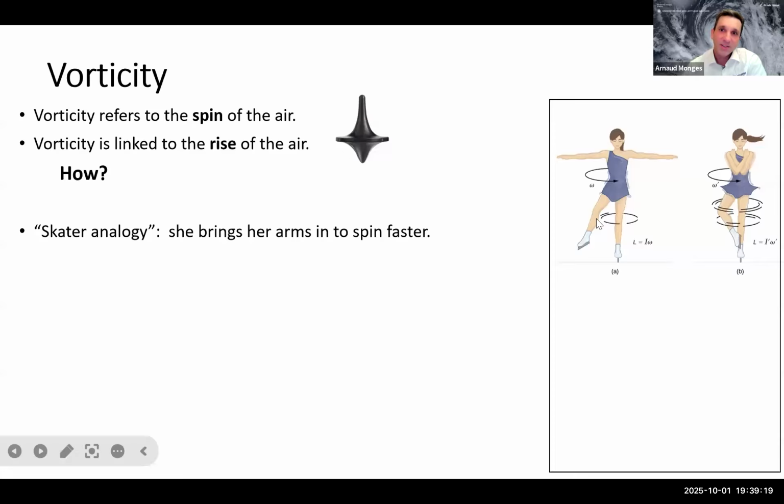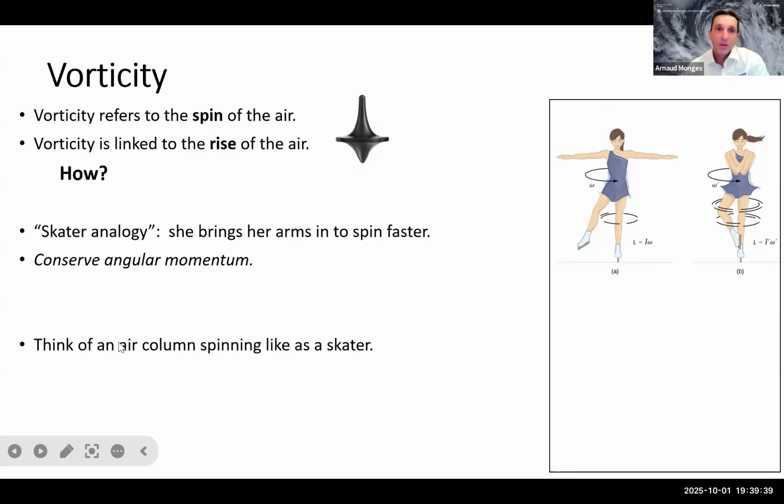So this skater, she's turning. And as you all see on TV during the Olympics, when she brings her arms together, she's going to naturally spin faster. The physics is the conservation of angular momentum. And this can be applied to the air. So think about an air column spinning like a skater.